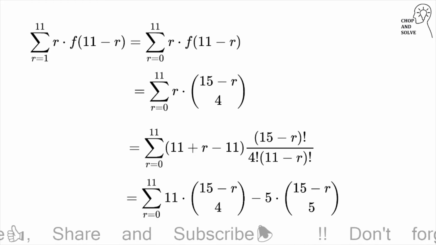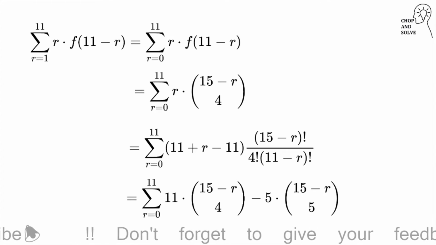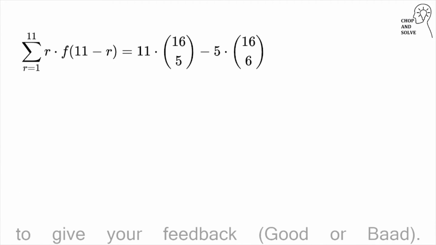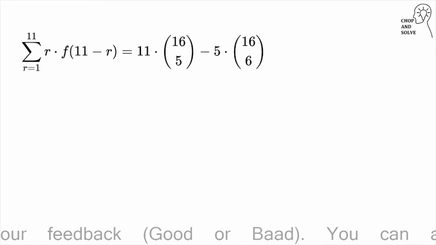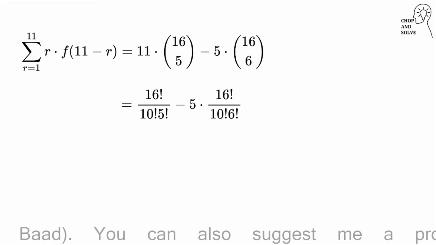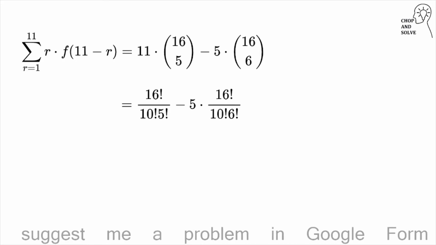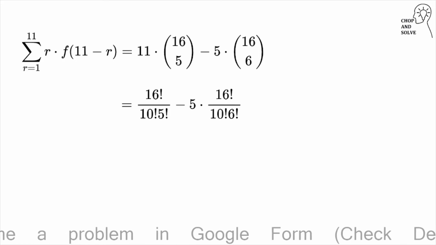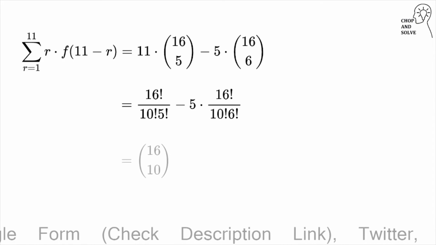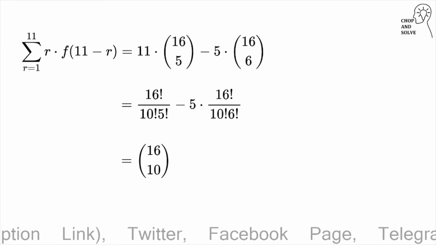Now if you use the third formula of the previous page, you will get the summation, that is 11 into 16 choose 5 minus 5 into 16 choose 6. That is nothing but 16 factorial divided by 10 factorial by 5 factorial minus 5 into 16 factorial divided by 10 factorial into 6 factorial, and that is nothing but 16 choose 10.